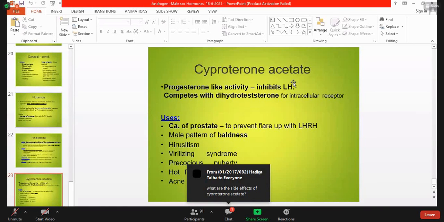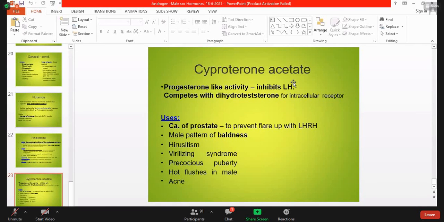Okay, we have a question. What are the side effects of cyproterone acetate? The side effects of this drug are that you can have reduced function. If you are giving it in the case of a male, there is reduced libido and impotence. Male menstruation can also occur.